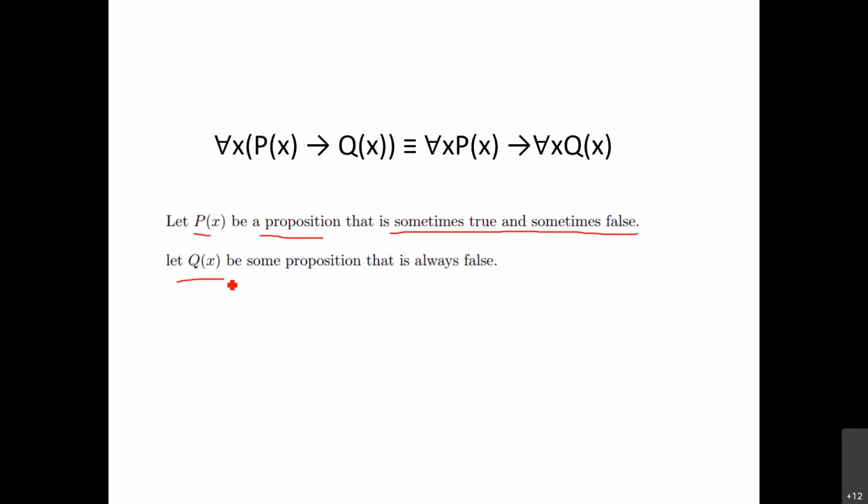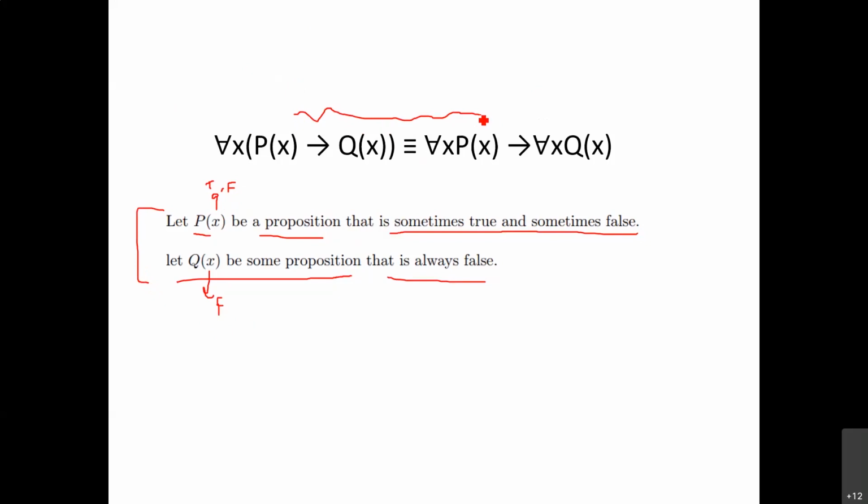And Q of X is some proposition that is always false. So again, P of X, sometimes true, sometimes false. Q of X, always false. For example, this is enough. Like you could use this abstract idea to try to prove that, oh, now they're not equivalent. But I'm gonna give something a little bit more concrete.